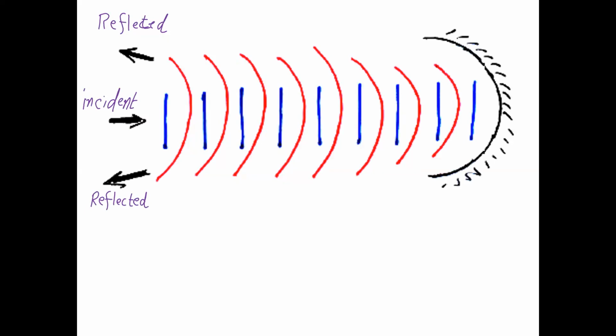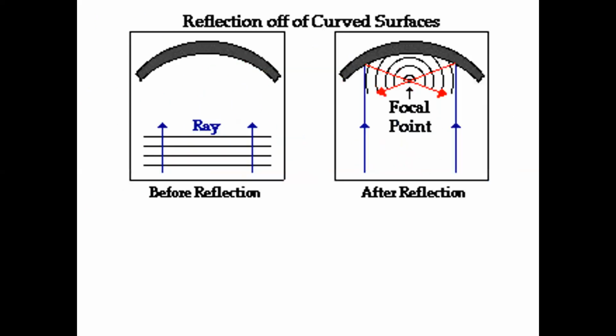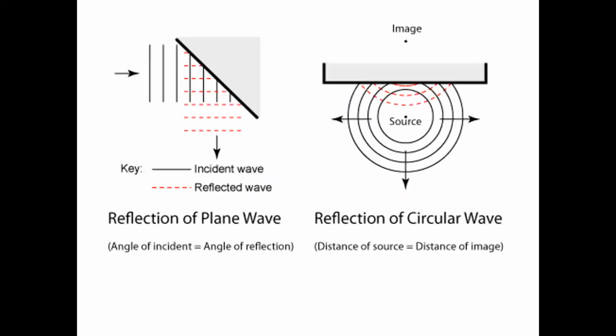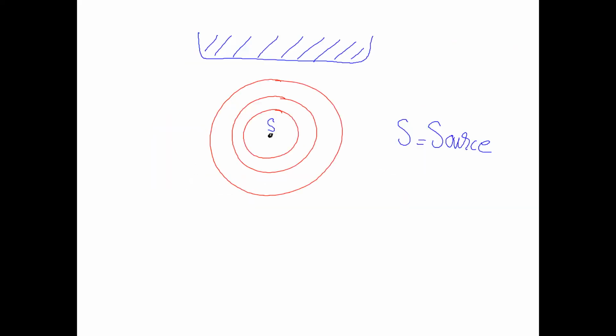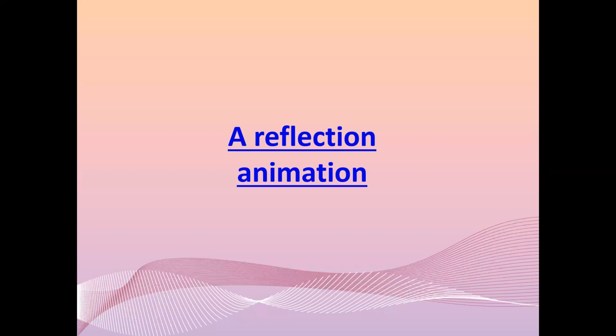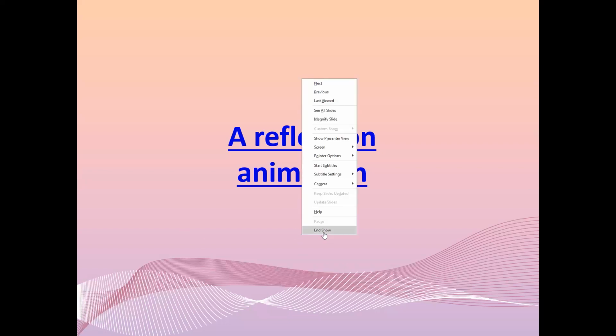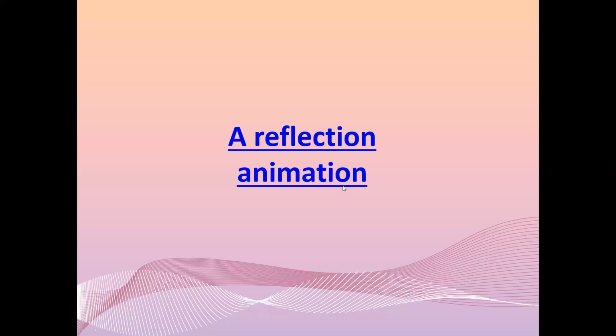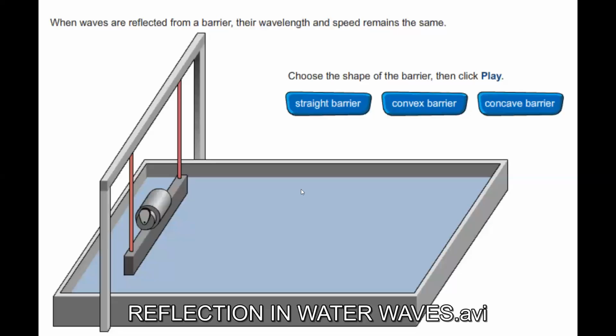The curved surface is bent inward, so the waves bend like that too. This is a concept necessary to understand: waves always take the shape of the surface after reflection. Look at this animation.